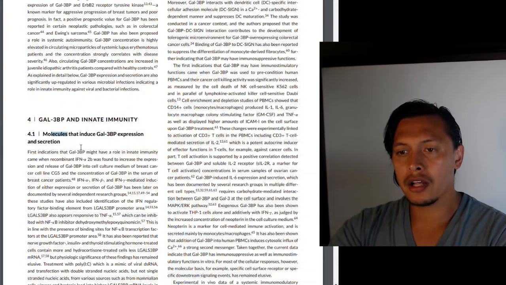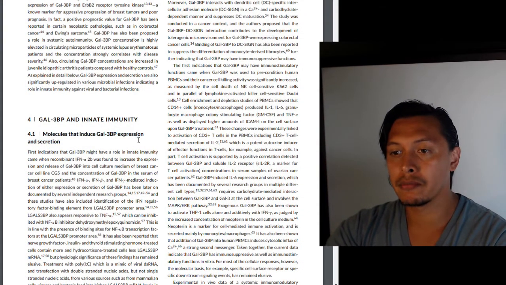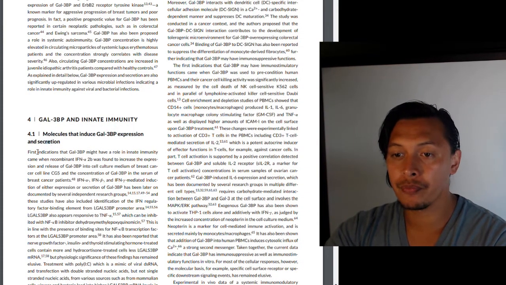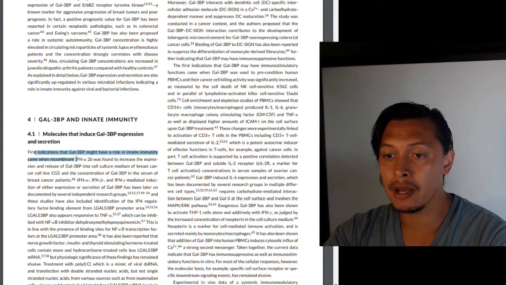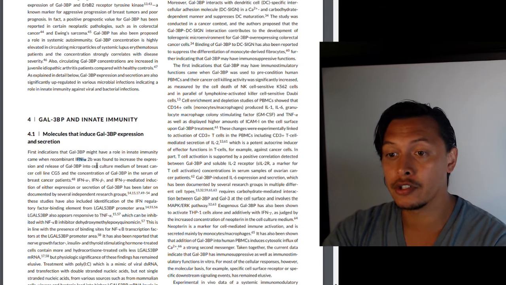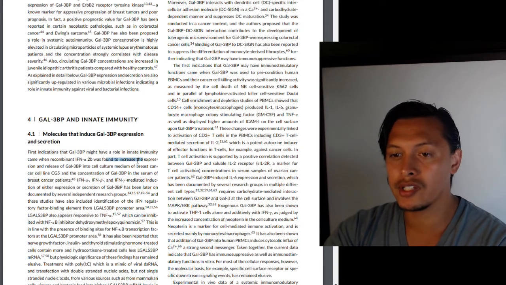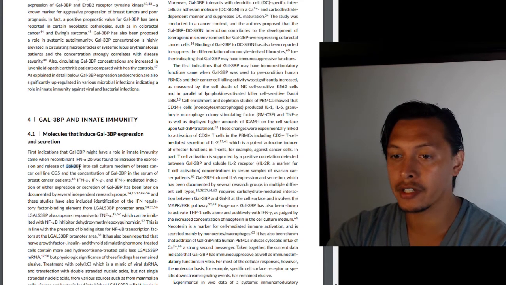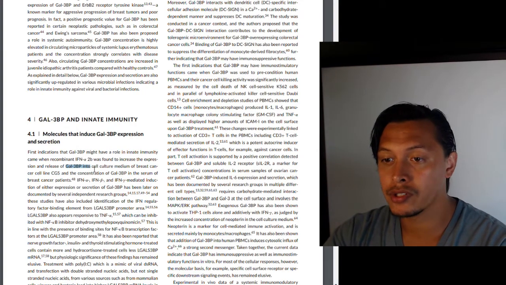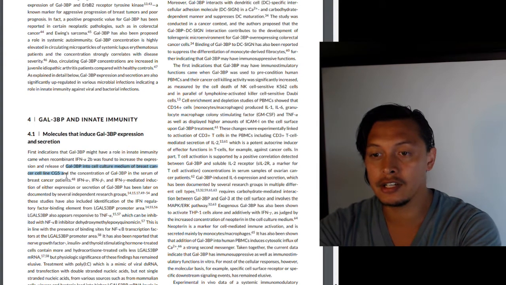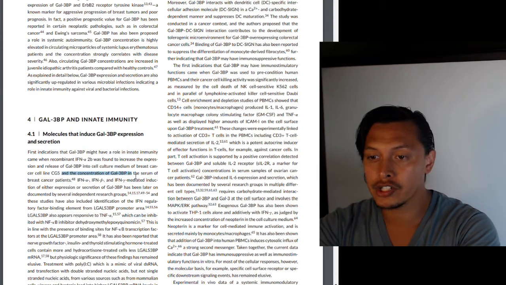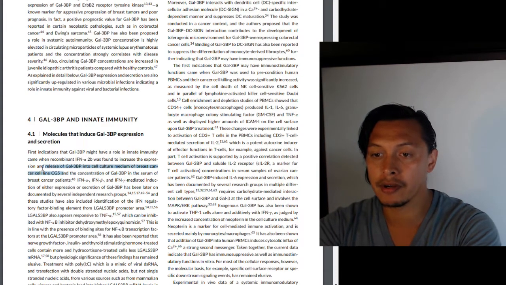So, molecules that induce galectin-3 binding protein expression and secretion. The first indications that galectin-3 binding protein might have a role in innate immunity came when recombinant interferon alpha 2b was found to increase the expression and release of galectin-3 binding protein into the cell culture medium of breast cancer cell line CG5, and the concentration of galectin-3 binding protein in the serum of breast cancer patients.